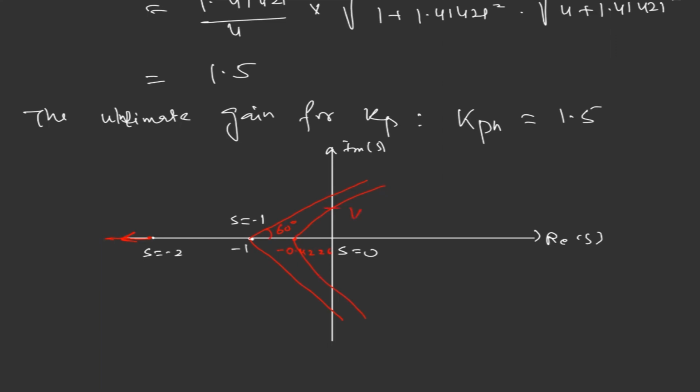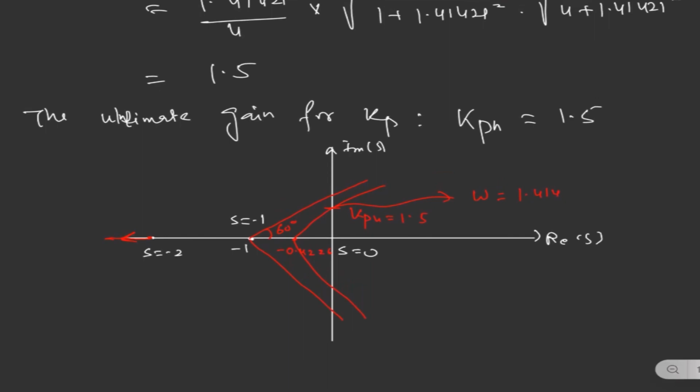At this point, Kpu is 1.5 and omega equals 1.414. These two values are required for finding the PID gains of the PID controller. So now we'll design the PID controller.